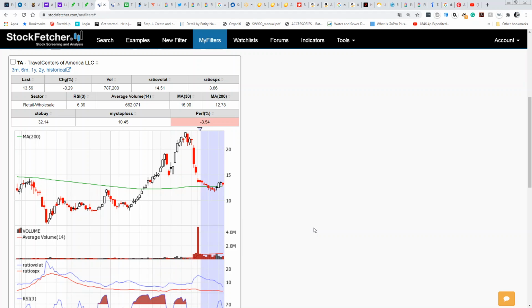Probably I wouldn't have bought this one because it's so close to the MA 200. Or just keep it and lose a few cents, and then when it reaches this point, I just sell it instead of waiting for it to go all the way to 1033, which will be all the way over here. I would have sold it over here, and I wouldn't have lost $100. I would have lost barely $20.